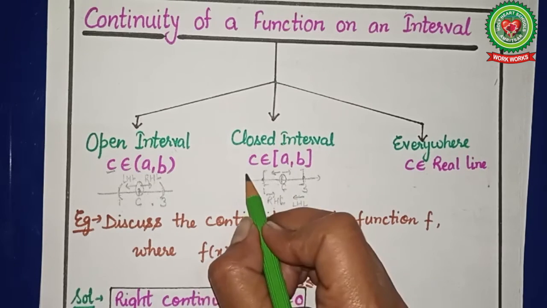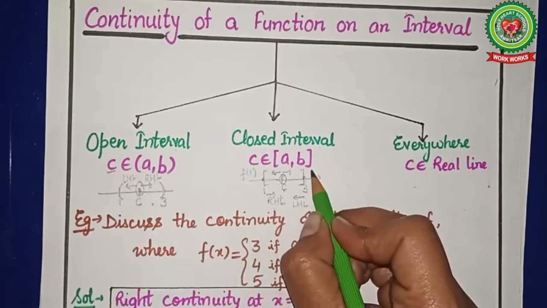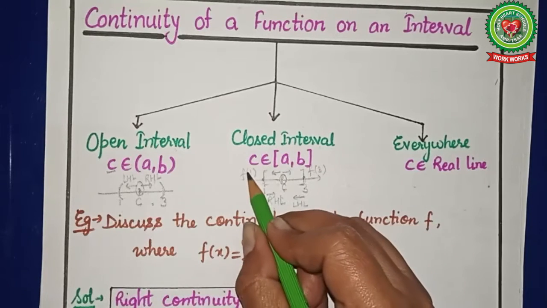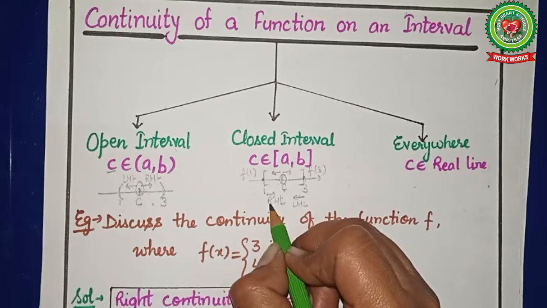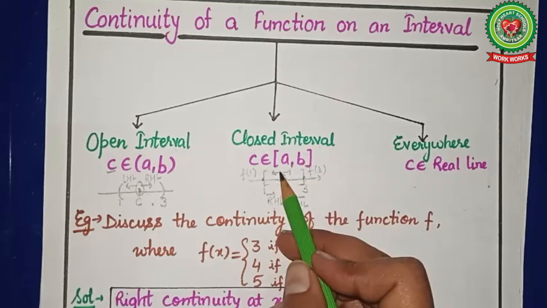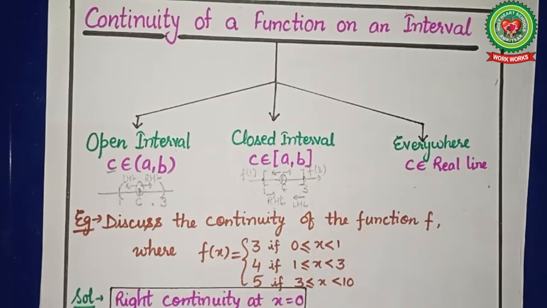We will check f of 1 also and f of 3 also. If f of 1 and the right hand limit are equal and all these values are equal, only then can we say that the function is continuous in the closed interval [a, b].